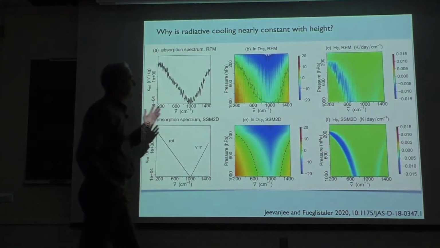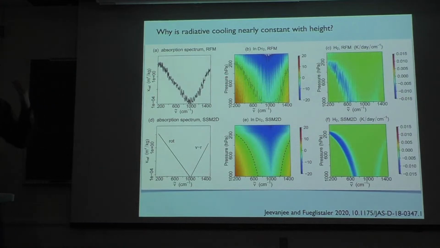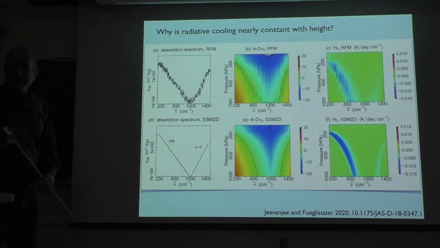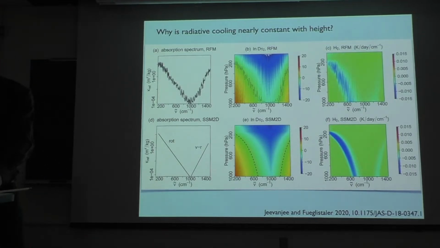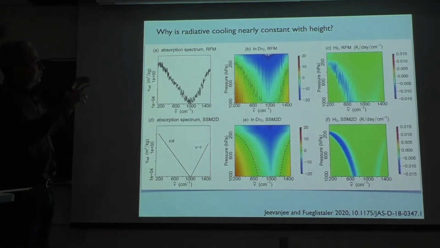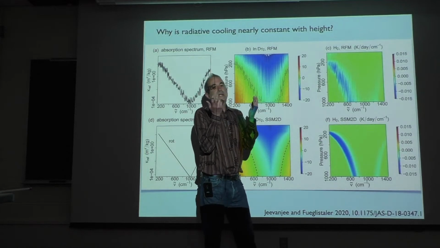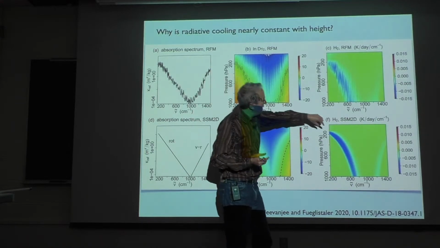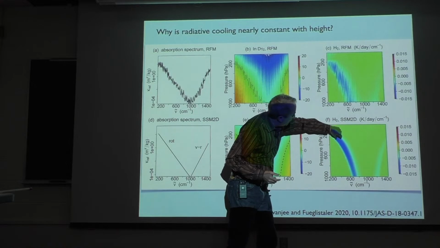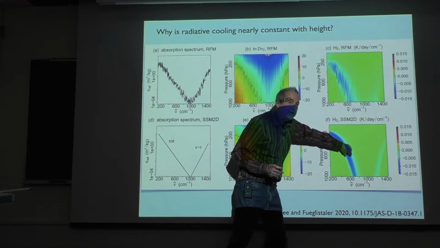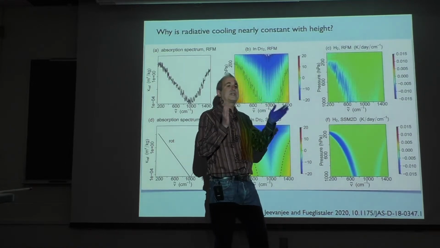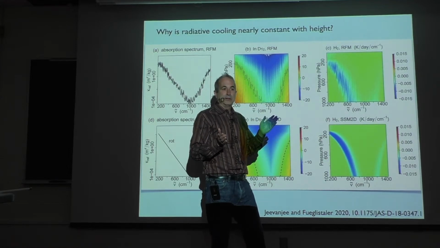So this is meant to be two things. One is a motivation for how cooling to space works. The other is an explanation for why cooling is more or less constant with height. And so what happens is, if we say that all the cooling happens at tau equals 1, what that means is that there's some range of wave numbers at any given height that are more or less reaching tau equals 1.